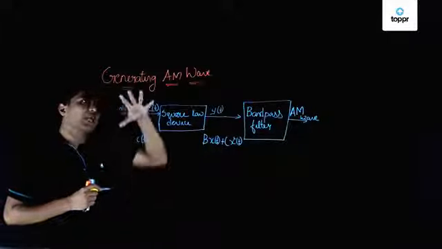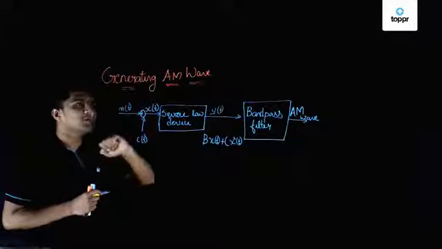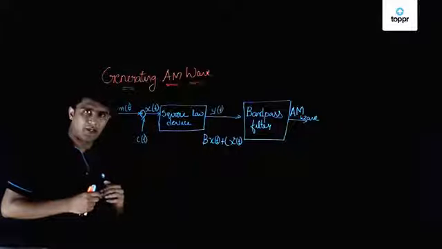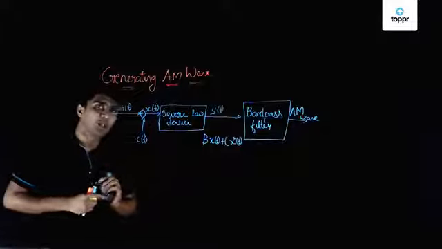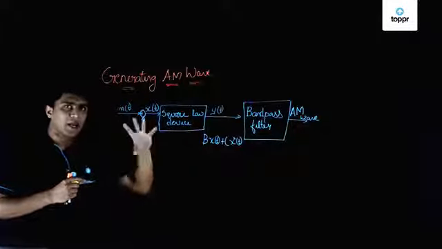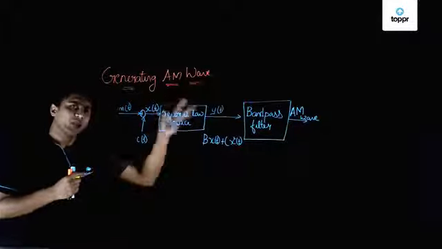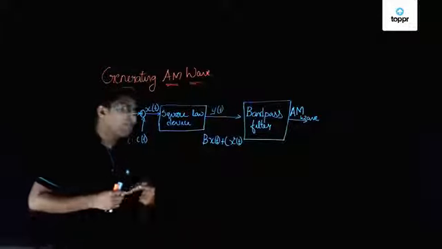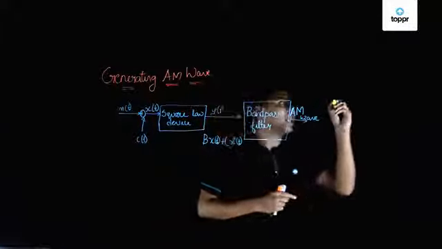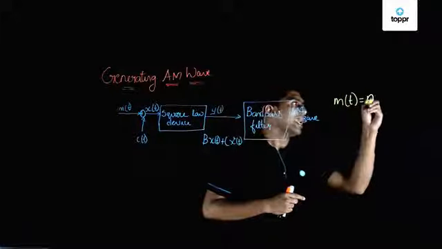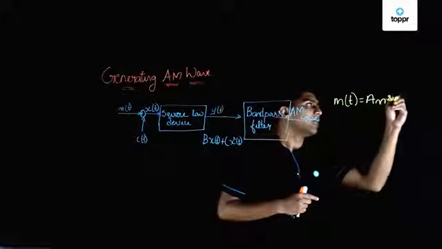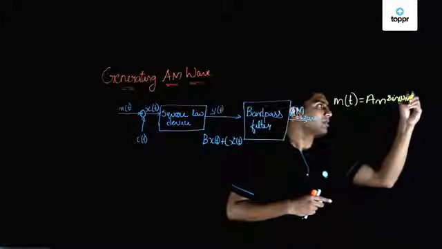So students, now we have learned how to generate an amplitude modulated wave with the help of a block diagram. As we have already discussed and derived an expression for amplitude modulated wave, let's understand how it is getting generated by using equations as well, right? We have already learned that the expression for the modulating signal is Am sin omega m t, right?